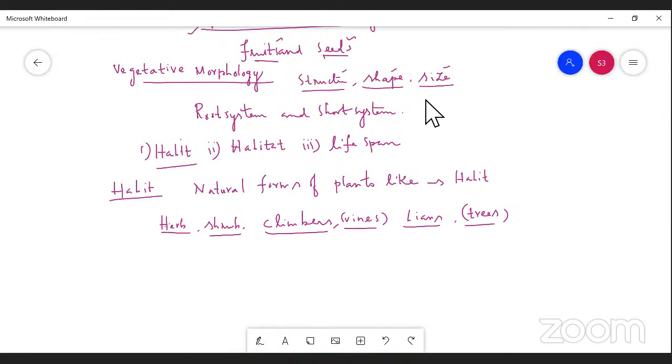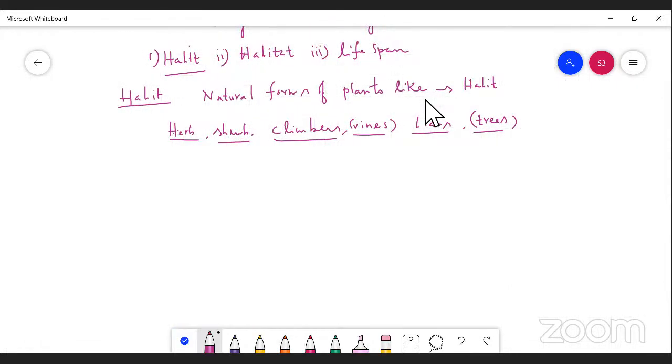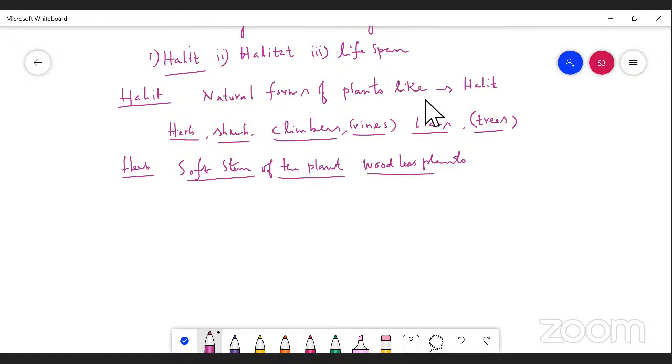What is a herb? A herb has a soft stem, a woodless plant.